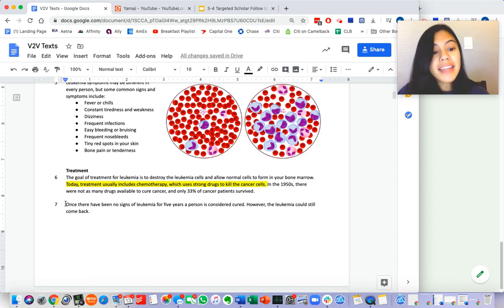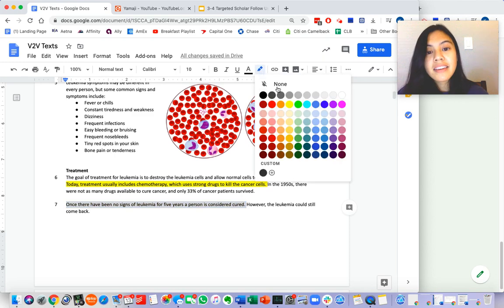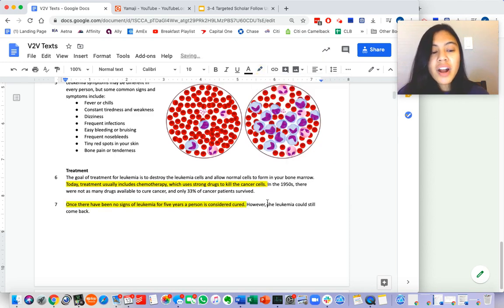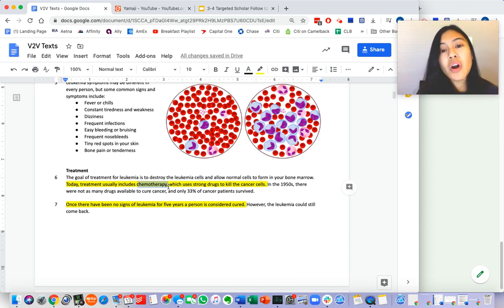Scholars, I think that this first sentence describes what is hopeful about treatments such as chemotherapy. But, friends, I can't help but think about how not too long ago in the 1950s, treatments like chemotherapy didn't exist for all the people who had leukemia.